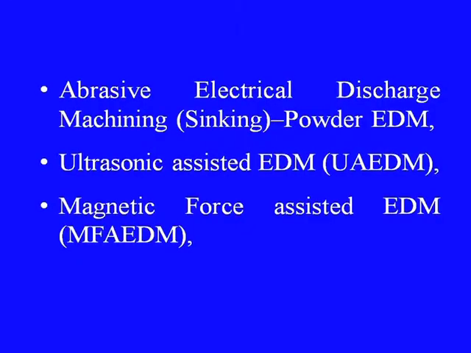Some of these include abrasive electrical discharge machining, that is also called sinking or powder EDM, then ultrasonic assisted EDM, in short it is called UAEDM, then magnetic force assisted EDM, in short it is known as MFA-EDM, then electrochemical discharge machining, this we will discuss in details, then abrasive electrical discharge grinding, AEDG, etc.